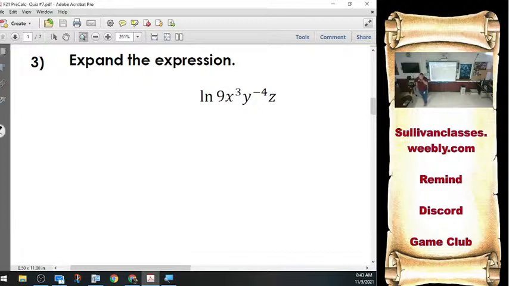A couple of you have got this. What is the first thing you should do before even starting to expand? Prime factorization. Yep. That's the ln of 3 squared by x to the third by y to the negative fourth by z.